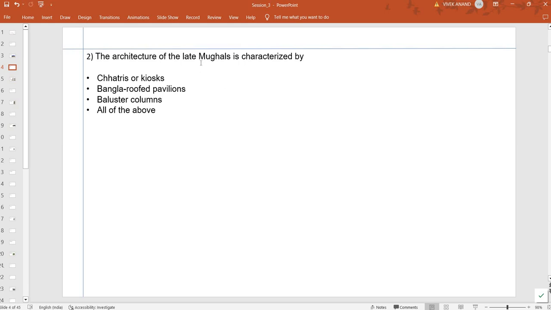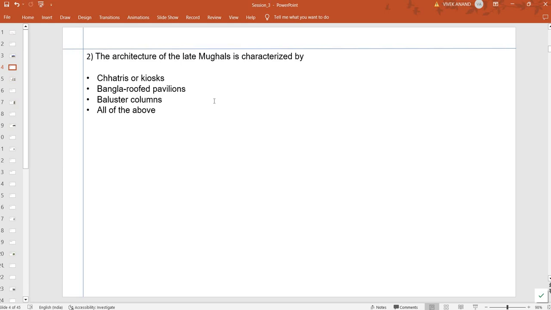Just say whatever image comes to your mind. When you hear or see Mughal architecture, what images come to your mind? There must be some image, and in that image, what features can you see? Just imagine. We all think in terms of pictures, most of the people.